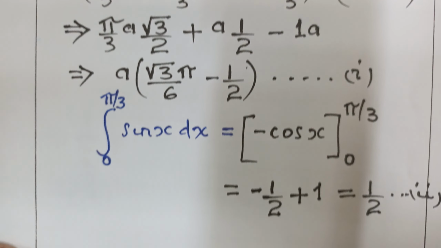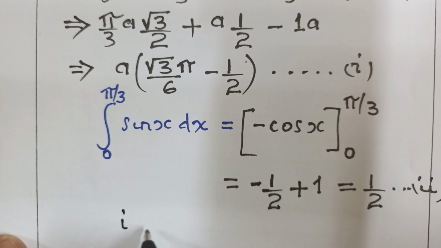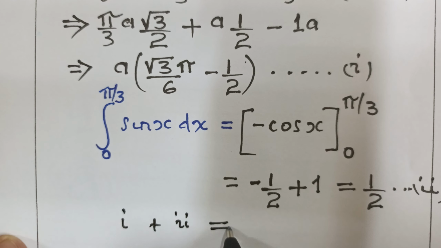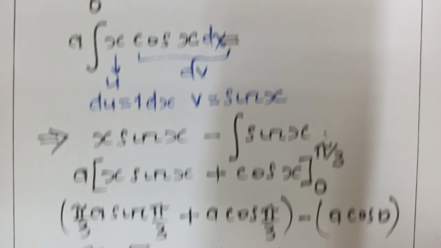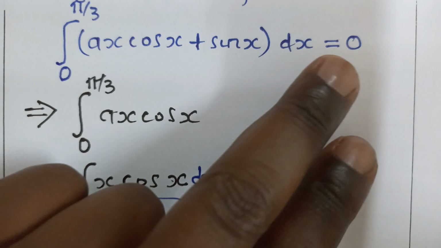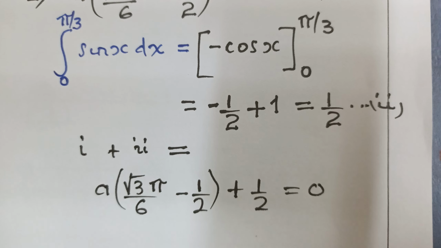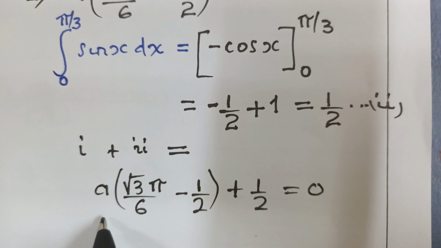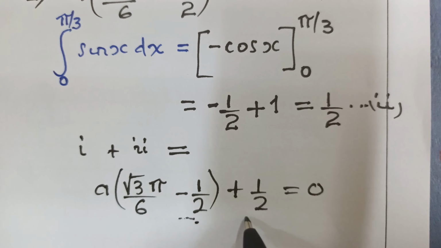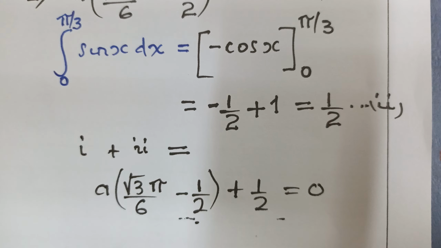Guys, now when we combine those two, Roman 1 plus Roman 2, these are supposed to give us, as we have already seen here, the value of 0. So therefore, we shall have this. The first one was this term, and the second one was a half. And so therefore, guys, we can now solve for a.